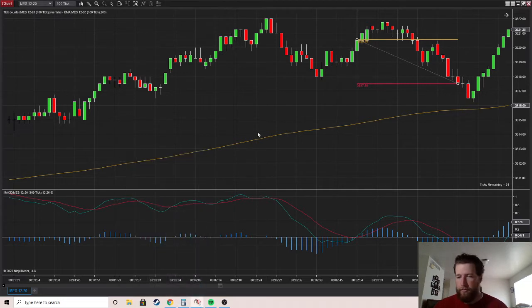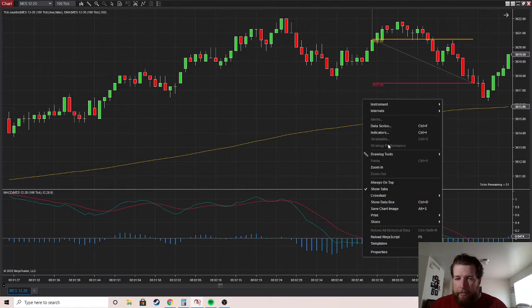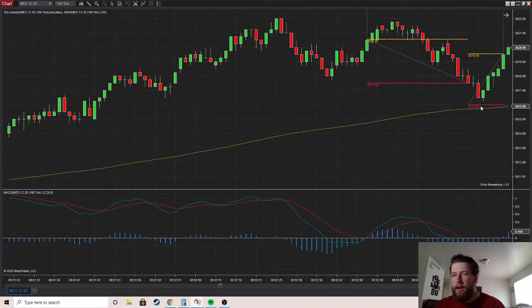Okay. Now we actually have a trade right here. So we would enter right here. Boom. We'll put our stop right there, just below resistance, or sorry, support.